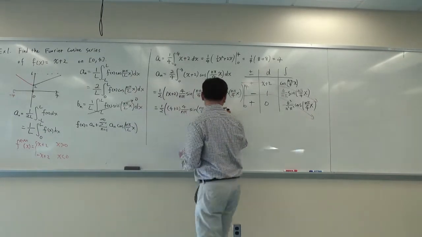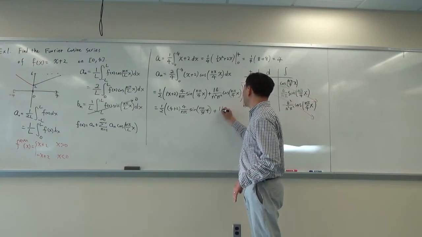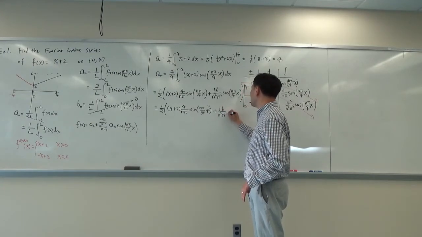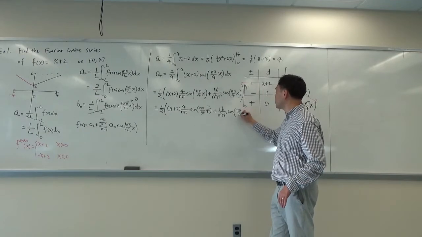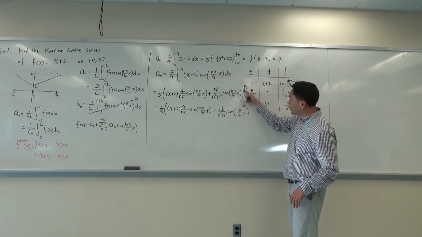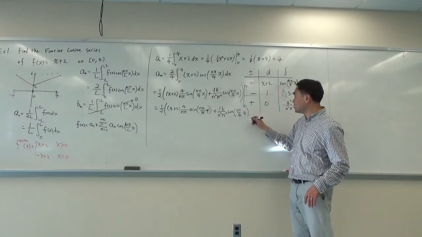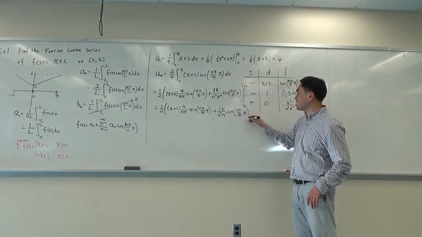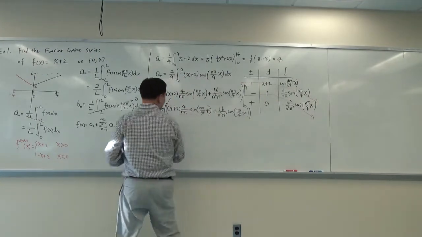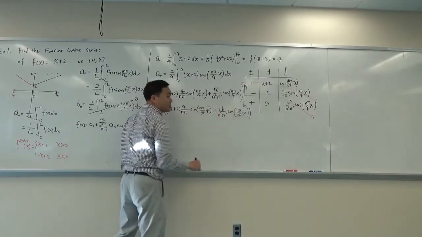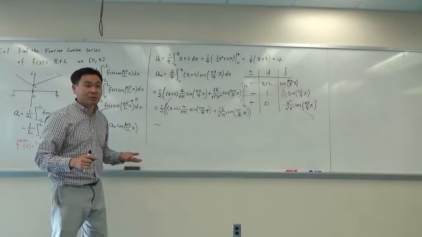Sine n pi is 0. And you get n squared pi squared. This time you get cosine n pi over 4, and 4 is plugged into x, and again you get cosine n pi as a result. Cosine n pi is negative 1 to the nth power.